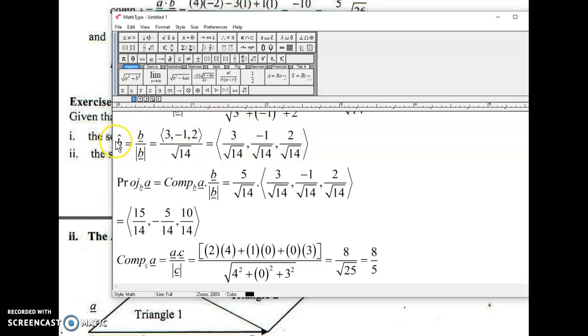To find the unit vector of B, we divide the vector B by its magnitude. This is what you get, and then multiply them to get the new vector.